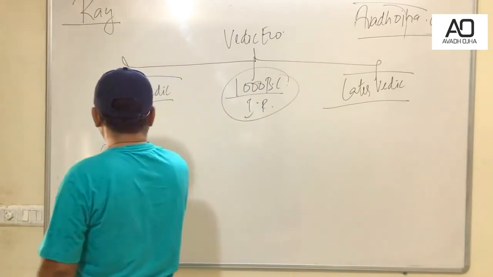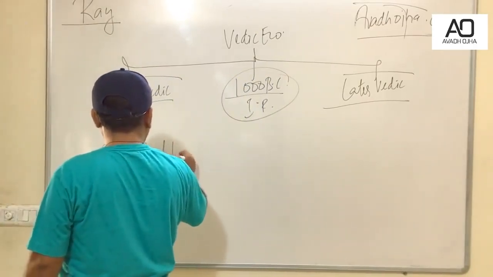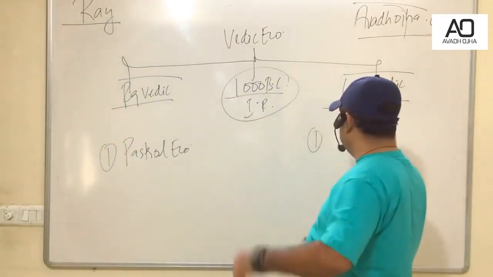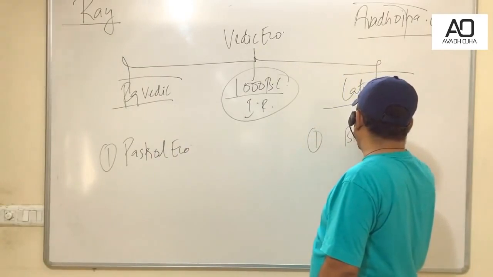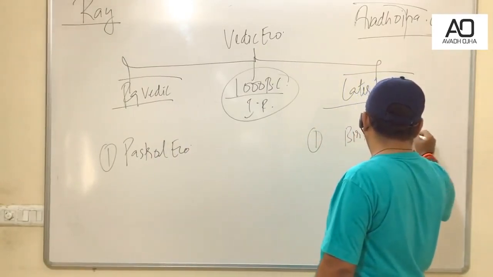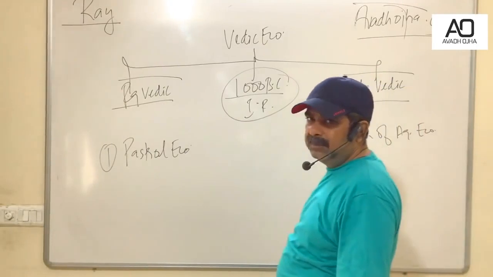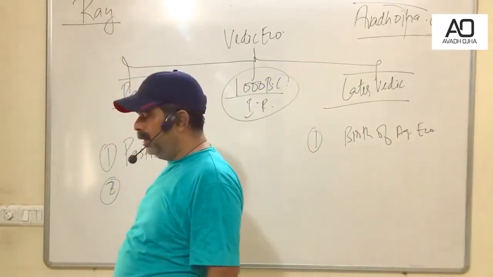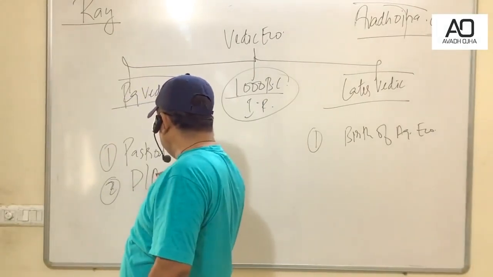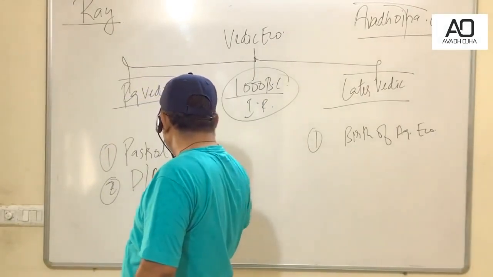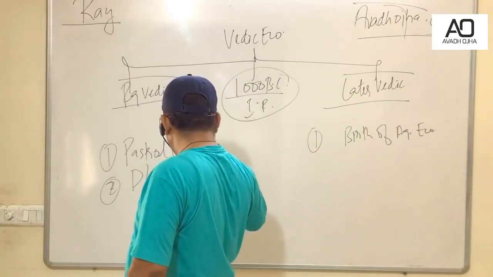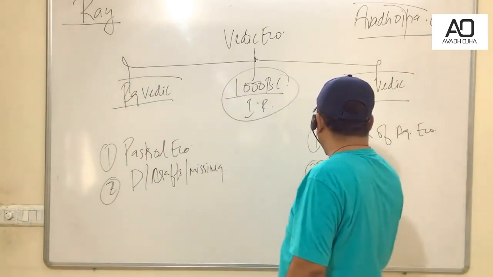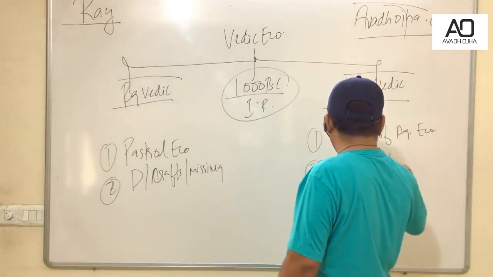First feature, pastoral economy. Second feature, birth of agricultural economy. Diversification in crafts is missing. Here, diversification in arts and crafts.